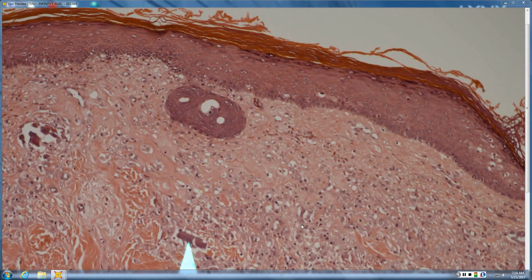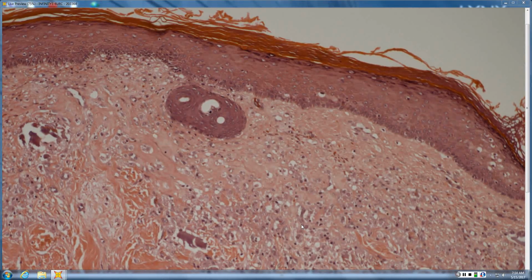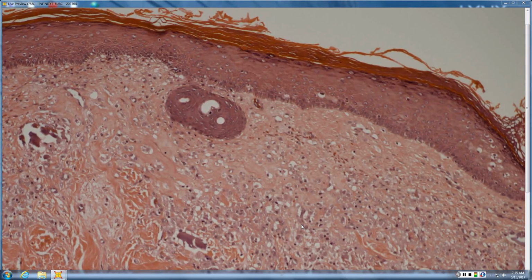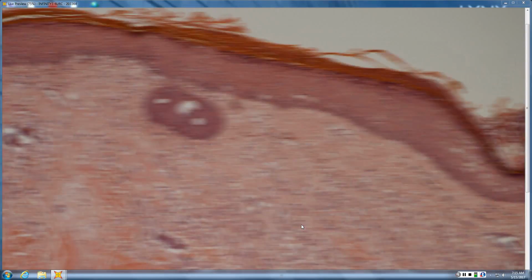The main reason why this is in here is to show you all these histiocytes that are full of aluminum. Unfortunately, this is not the best example. The best example would be one that looks like leishmaniasis, because that's what it's called a lot of times in the derm path world: pseudo-leishmaniasis.